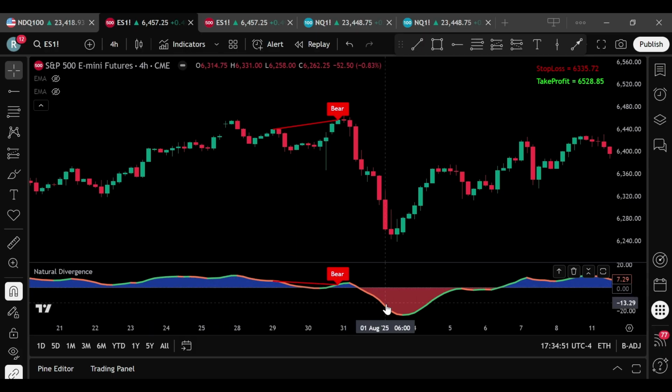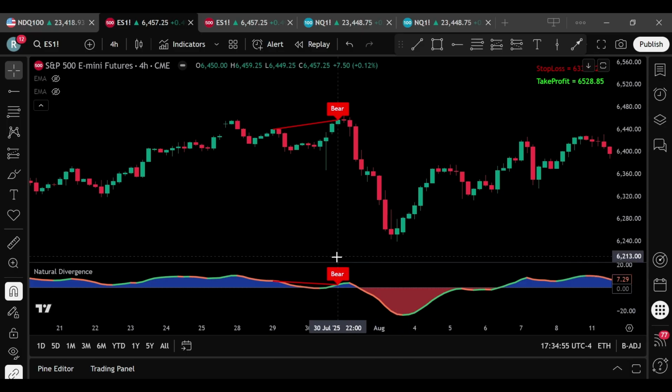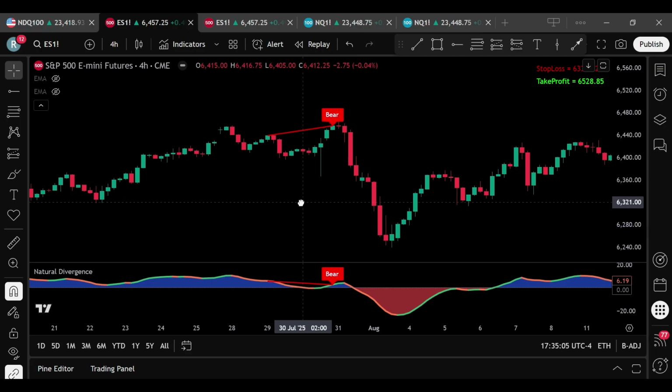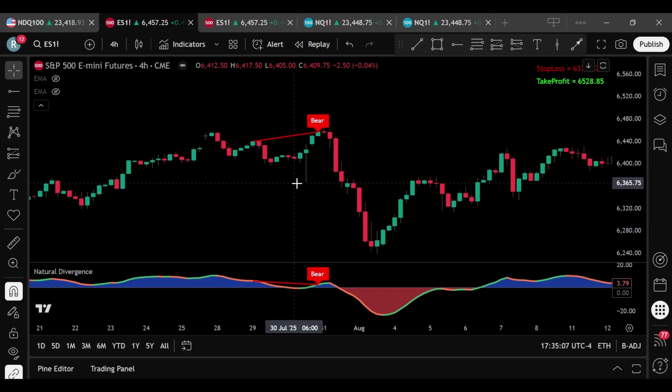Adding the divergences just makes it an extra powerful indicator with these multiple confirmations. We're going to go over some examples and how to use this with some other very simple price action and technical tips and tricks to catch strong impulsive moves.